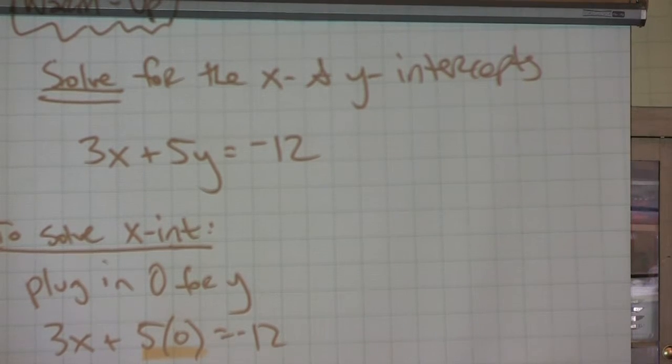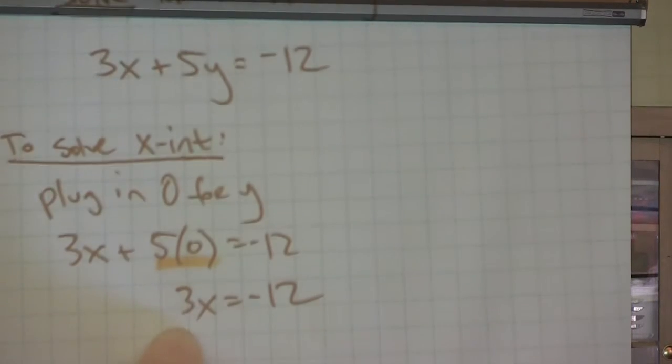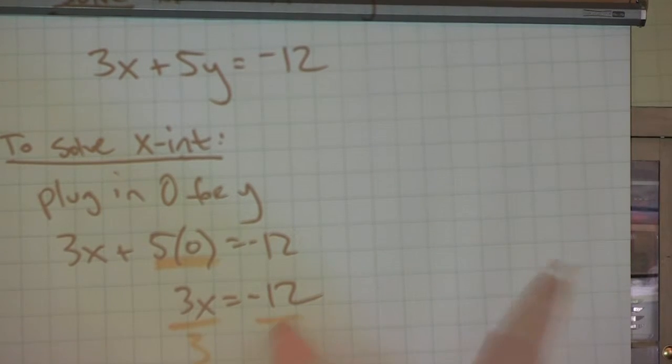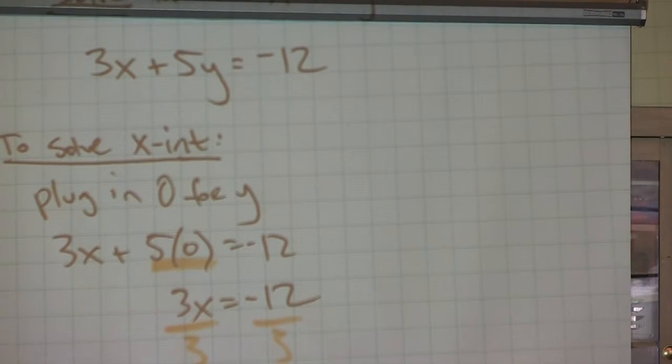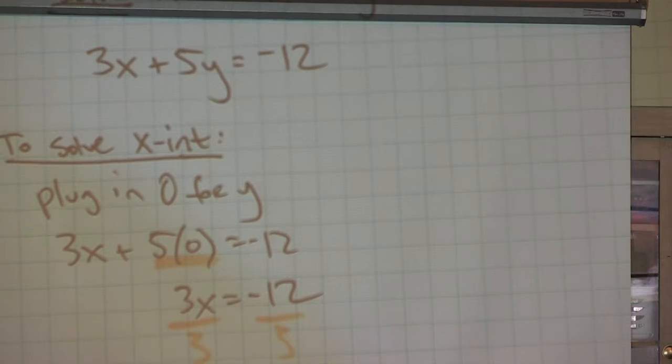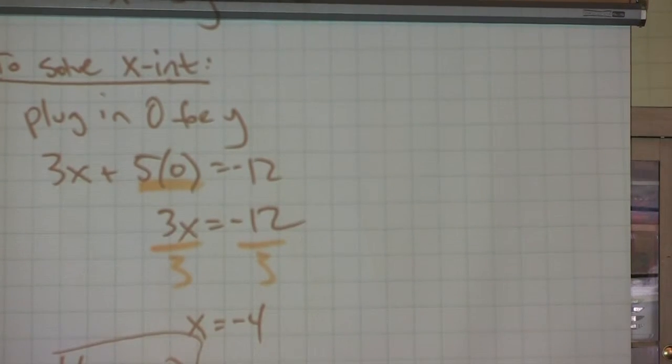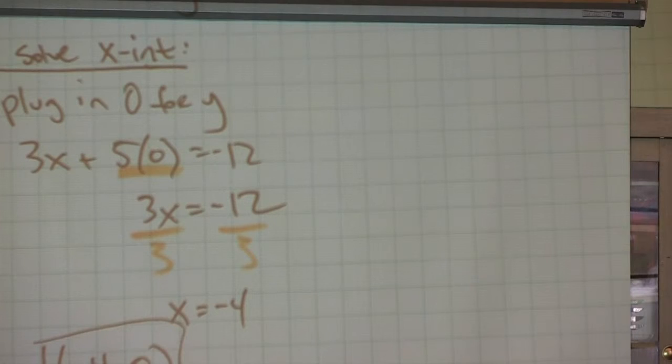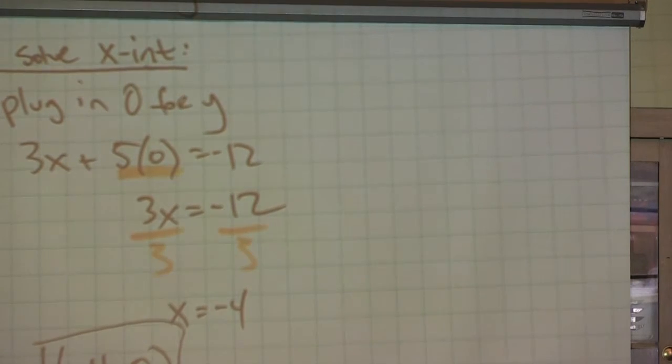Because it's 3 times x, and we need x by itself. So the opposite of multiplying by 3 is dividing by 3. So x is negative 4, which means the x-intercept is negative 4, comma 0. The x-intercept is a point on the graph, so we write it as a point.